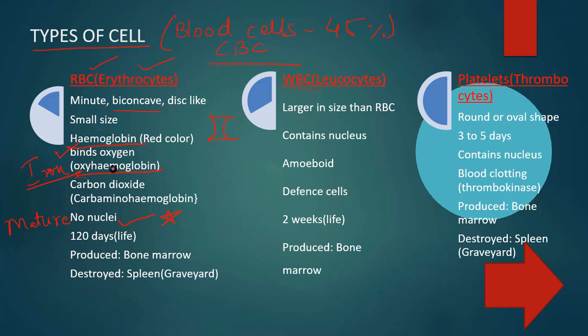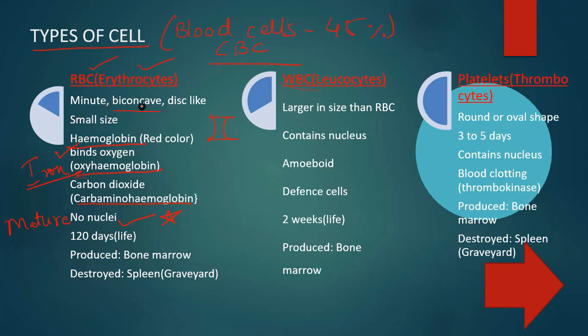In the same way, carbon dioxide is also transported from all parts of your body to your lungs with the help of hemoglobin. When carbon dioxide binds to hemoglobin, it is called carbaminohemoglobin. Please remember, it is called carbaminohemoglobin when the carbon dioxide from all parts of your body binds to hemoglobin and is transported to the lungs.